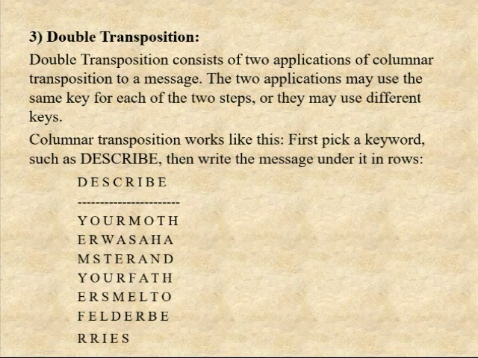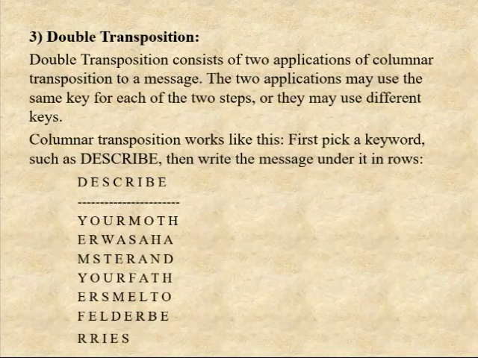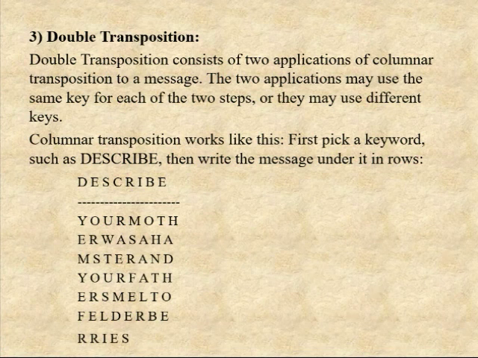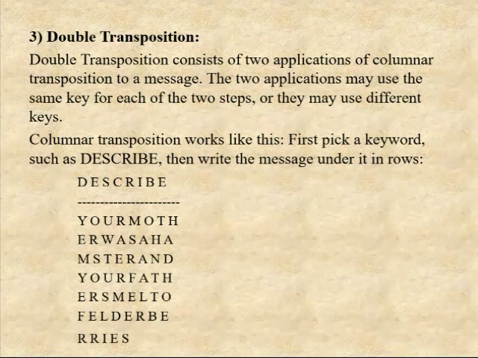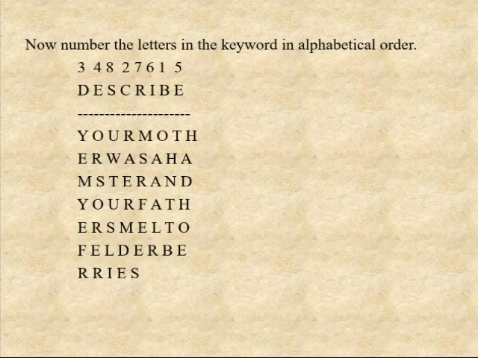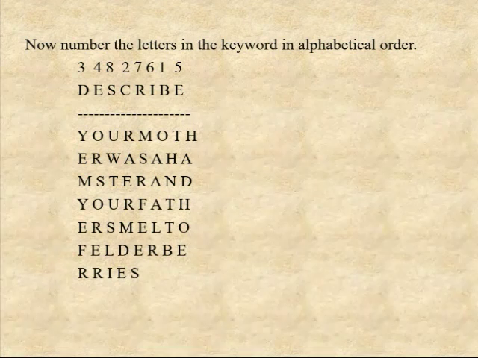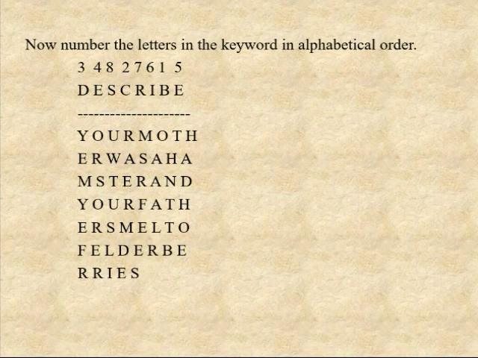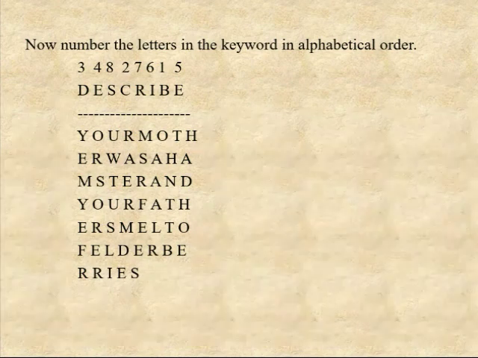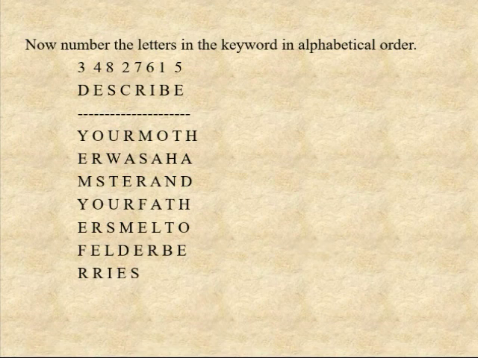First, pick a keyword such as DESCRIBE, then write the message under it in rows like this matrix. Now number the letters in the keyword in alphabetical order. In DESCRIBE, D has 3, E has 4, S has 8, C has 2, R has 7, I has 6, B has 1, E has 5.